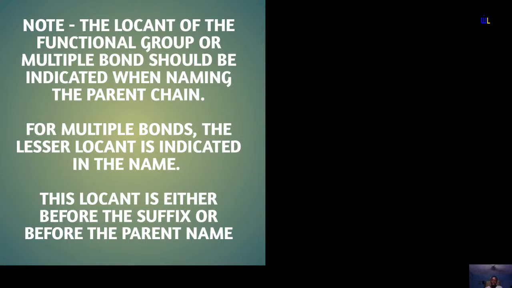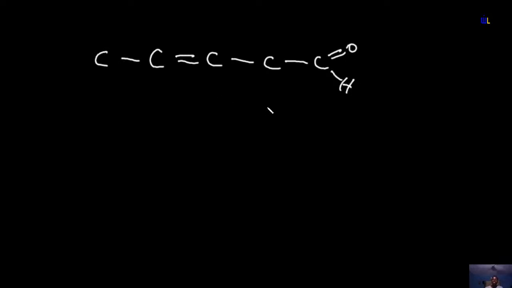Okay, so let me explain what I mean by this. Take for instance, you have this organic structure. Based on the principle of naming that we just discussed, let me ask a question: from what end am I going to start allocating locants?